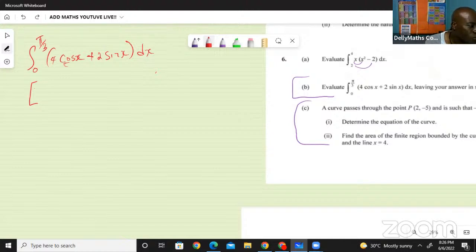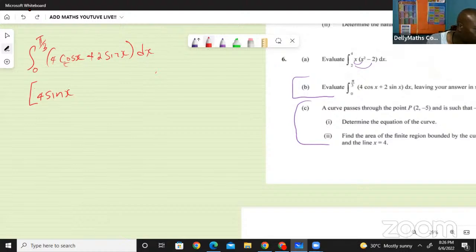So where is this coming from? This is coming from 4 sine, so this is like 4 sine x. Think backwards. When I write this here, think about the differential of this and see if you get back that. They're not going to go deeper than this at this level for you.